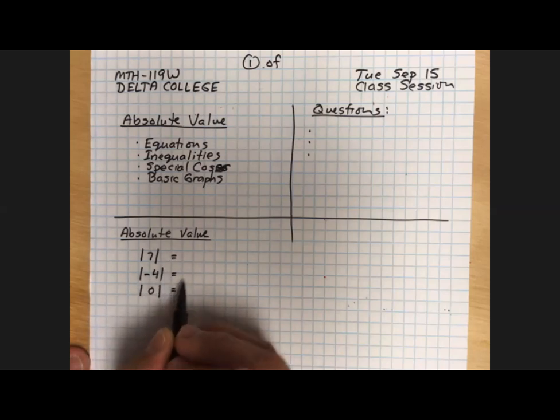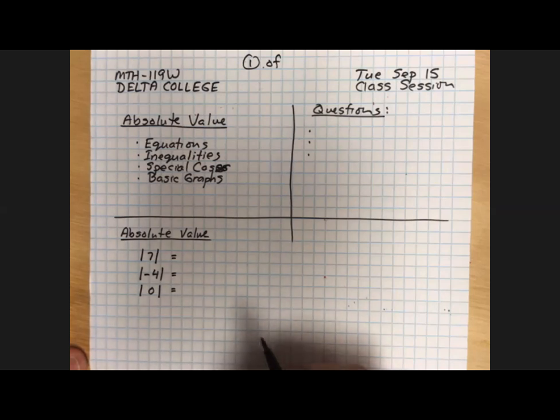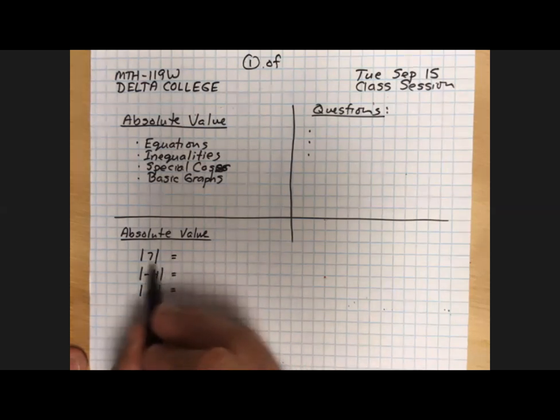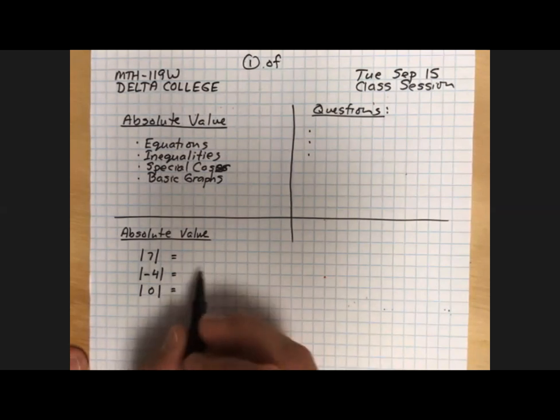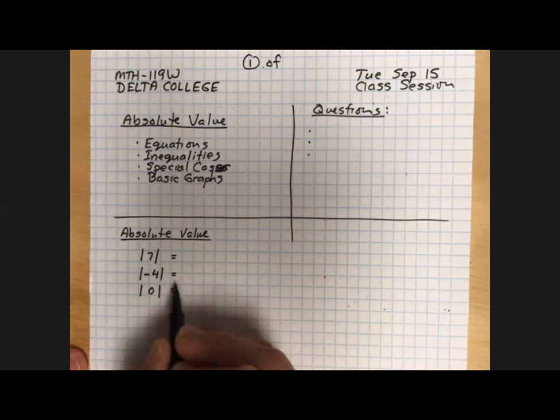Maybe you have, maybe you haven't. If you haven't, I'm not worried. If I said absolute value of 7, you would say, or type, what? 7. Absolute value of -4?